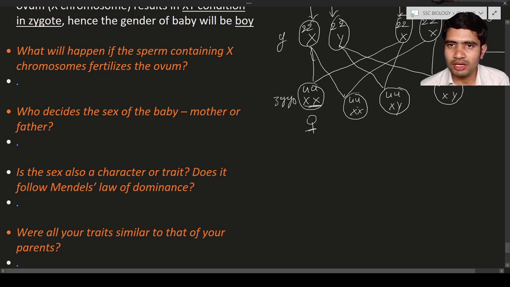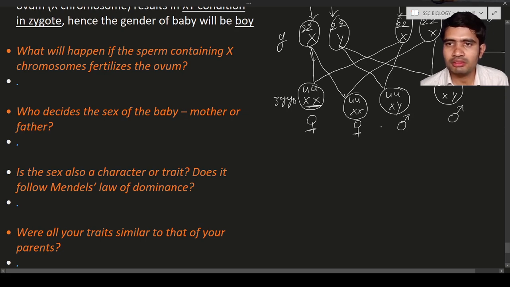So here also, the 44 plus X and X allosomes mean the baby will be a girl, or female. Here, with 44 X and Y allosomes, the gender of the baby will be male. So here also, with 44 X and Y, the gender of the baby will be male.